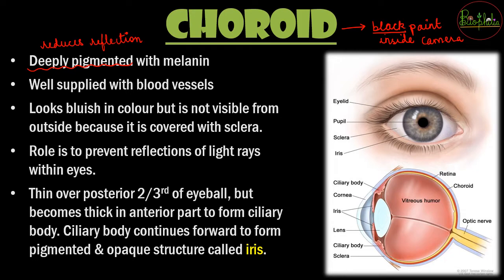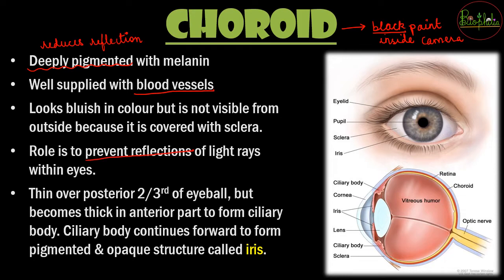Now this choroid layer is rich in blood vessels and looks bluish in color, but it is not visible from outside because it lies on the inner side. From outside you can only see the sclera, the white part, but behind the white part you would see the choroid. As I told you, the choroid prevents reflections of the light rays.